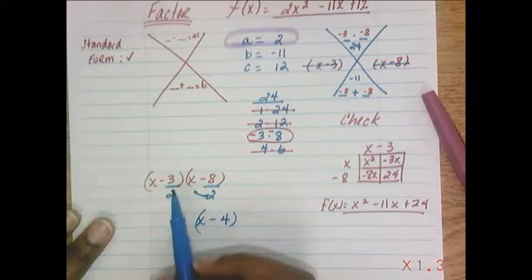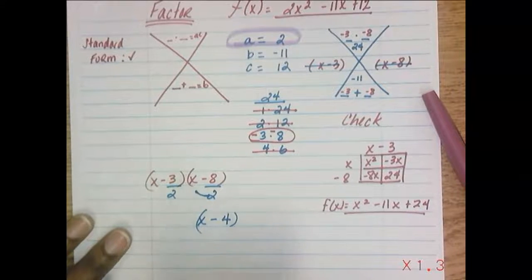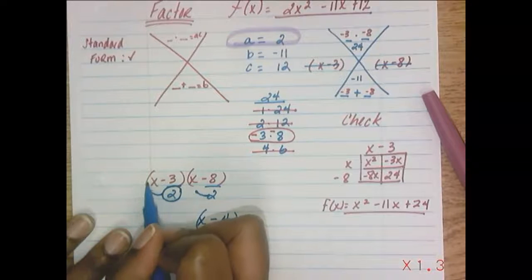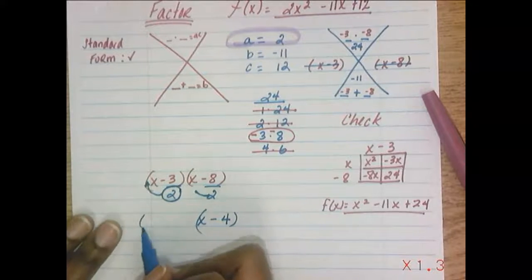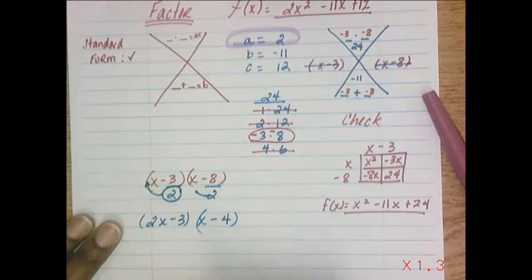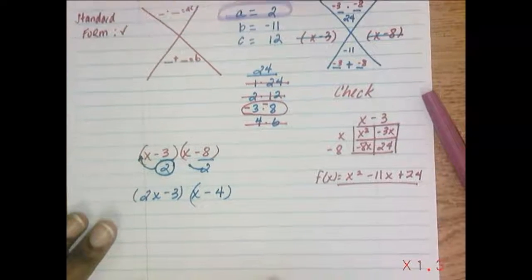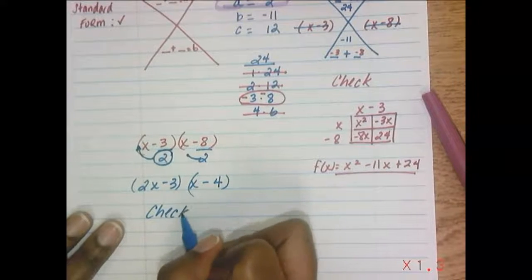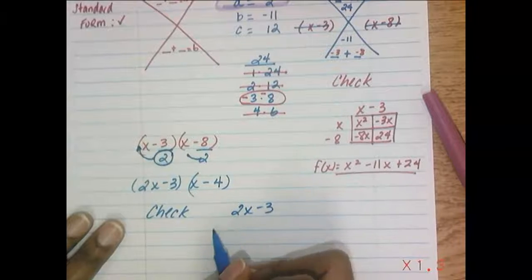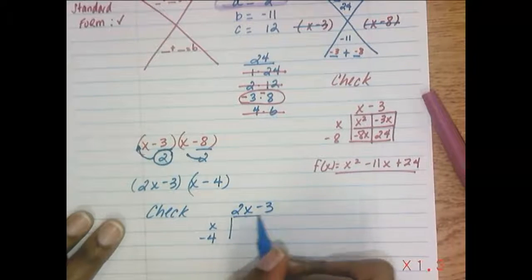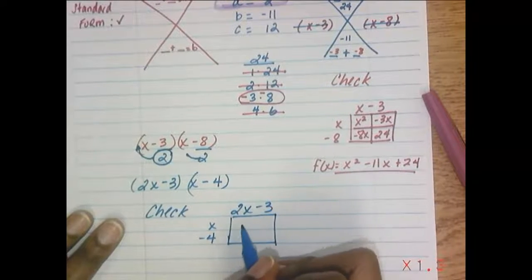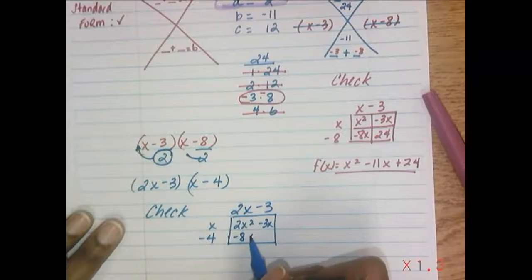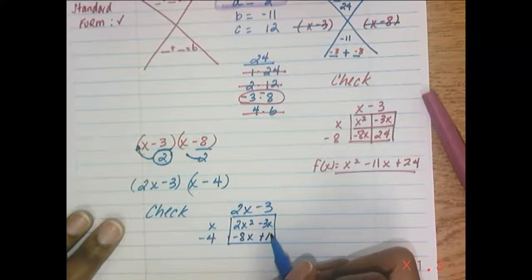But over here, 3 divided by 2, we would get a fraction. We don't want a fraction. So what happens is that this 2 swings and comes to the front. So we would have 2x minus 3. Now, what happens here is when we check 2x minus 3 times x minus 4, we actually end up with 2x squared minus 3x minus 8x plus 12.